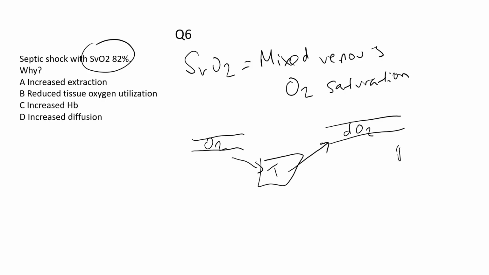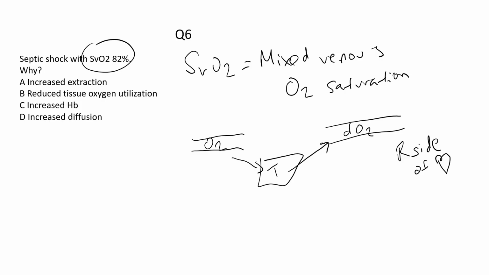So SVO2 is the measure of oxygen bound to hemoglobin when it returns to the right side of the heart.